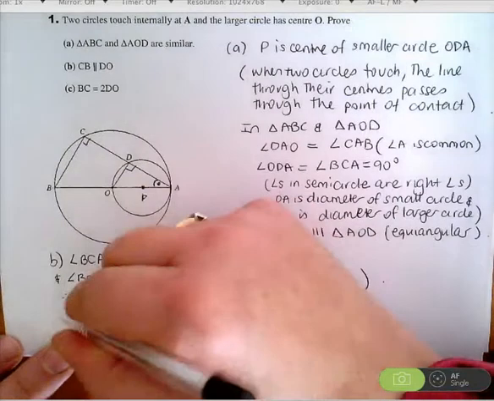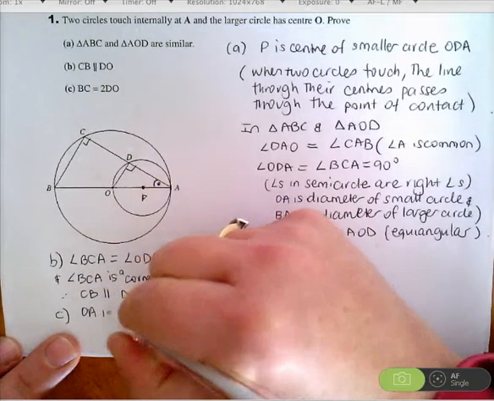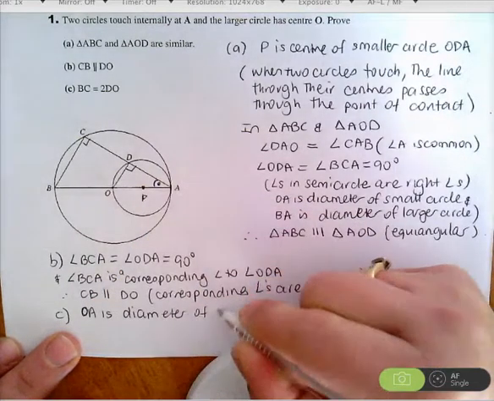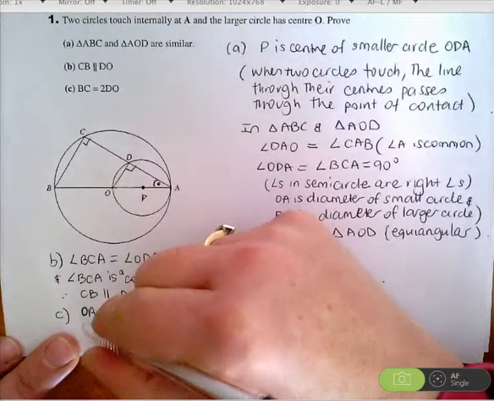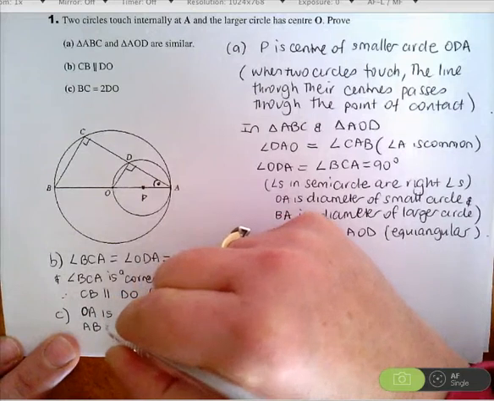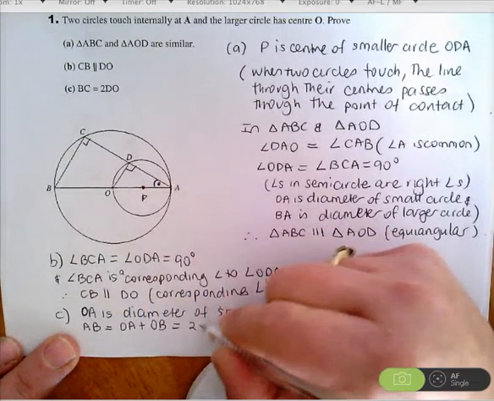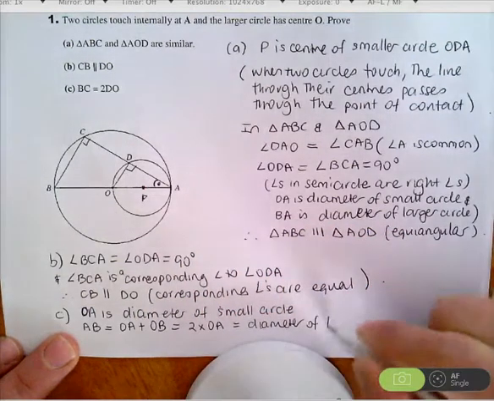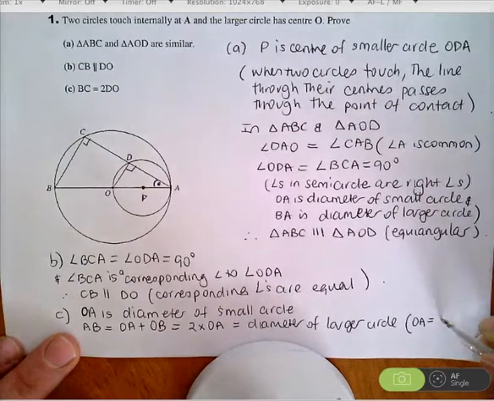Now, part C. If we say that OA is the diameter of the small circle, and that AB, which is equal to OA plus OB, which is equal to 2 times OA, is the diameter of the larger circle. Reason is that OA equals OB.